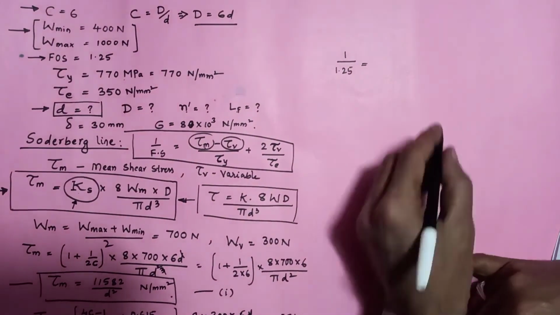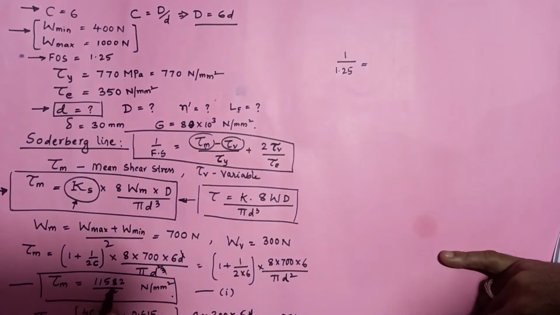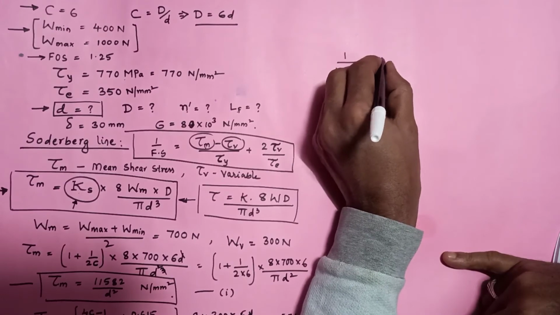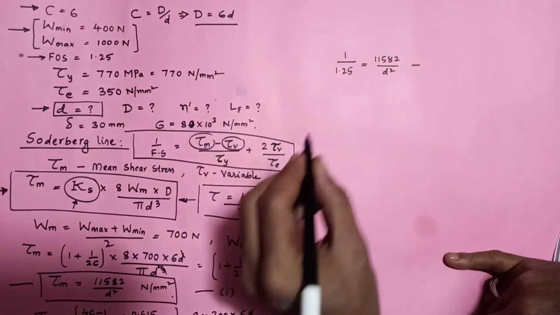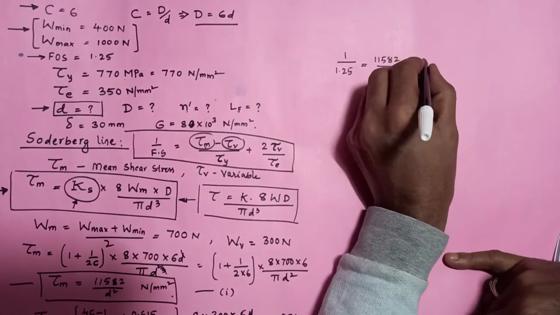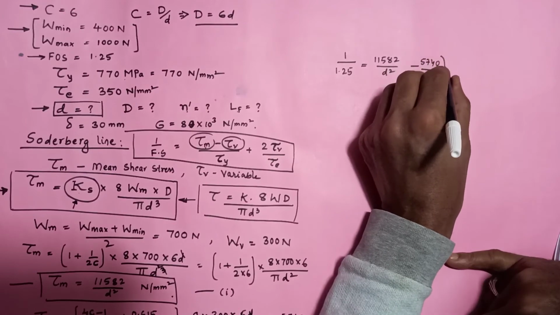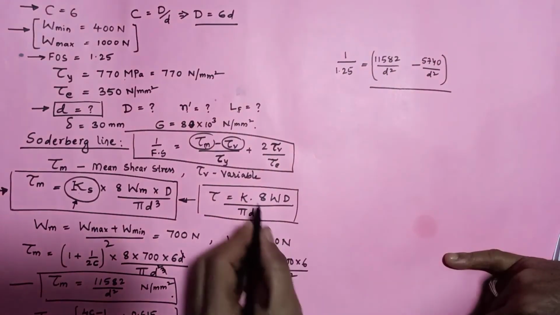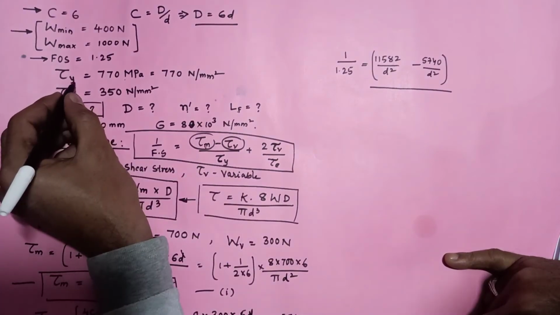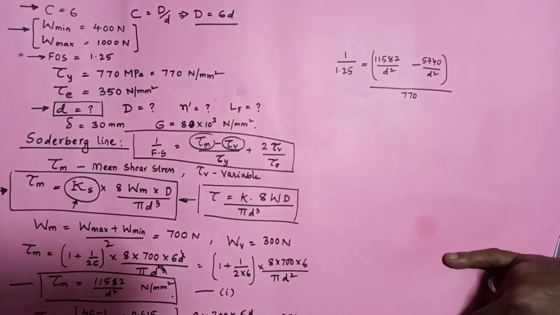So 1.25, mean stress value 11582 by D square minus sigma V as 5740 by D square. Now take this in one bracket, whole divided by tau y. Tau y is the yield shear stress, that is 770.